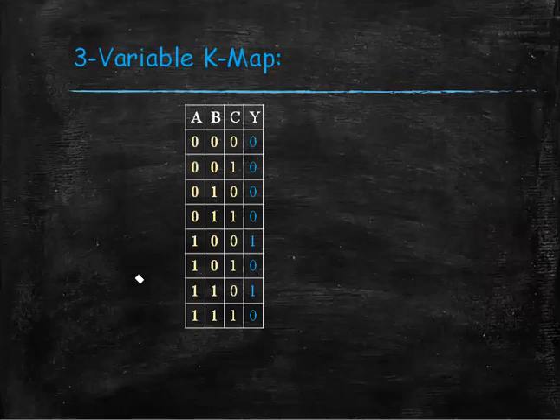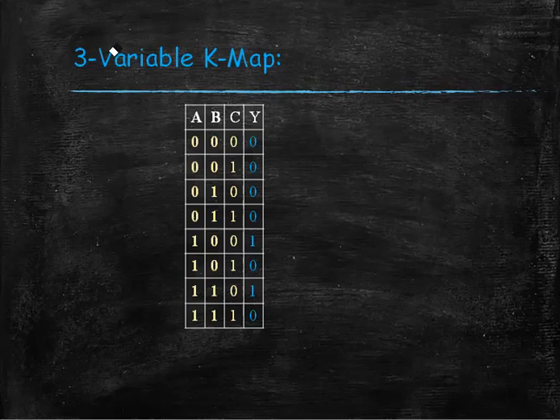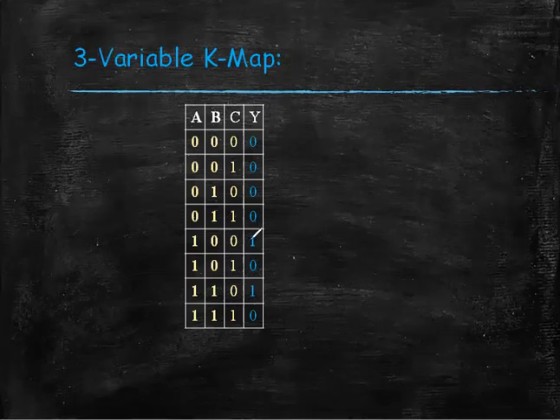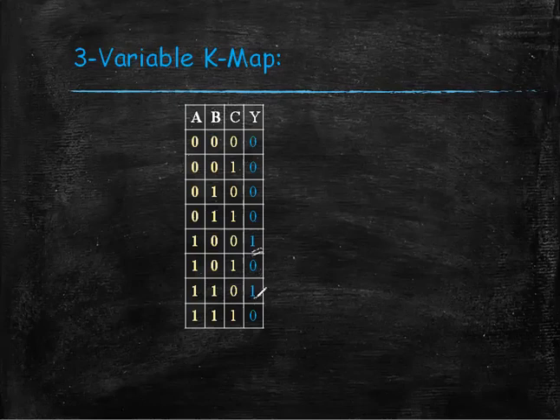Looking at the truth table, for two cases there is a high output, here 1 and here also 1. It is for 1 0 0, that is 4, and 1 1 0, that is 6.